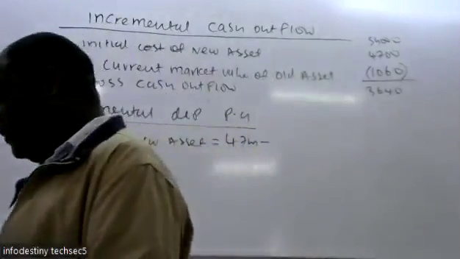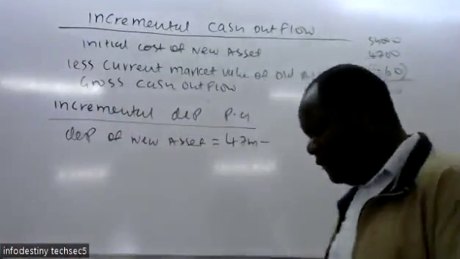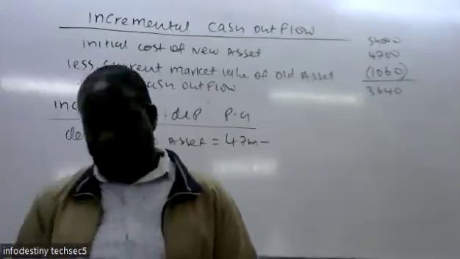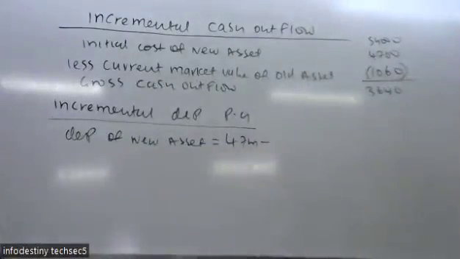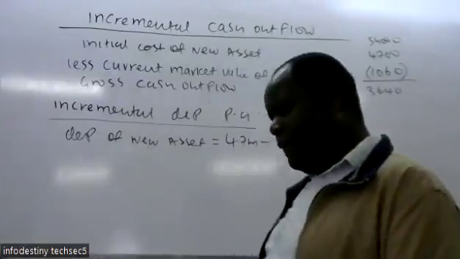The new machine was purchased at a price of 4.7 million and an estimated useful life of 5 years.